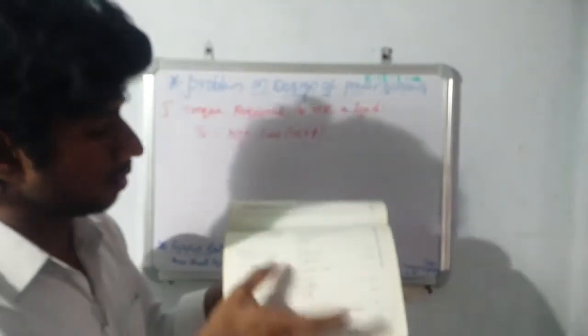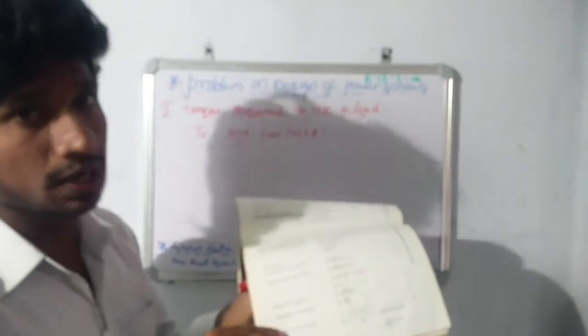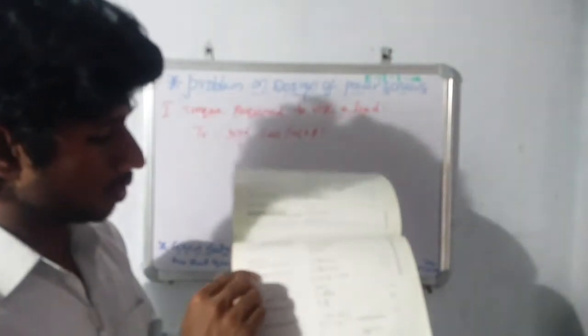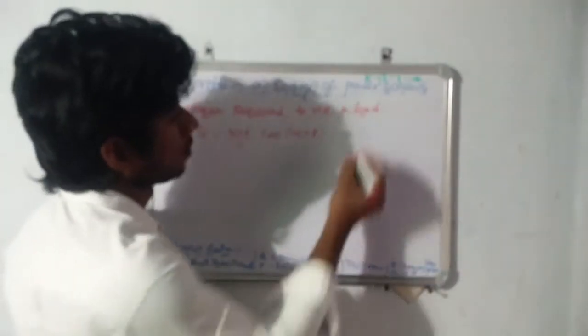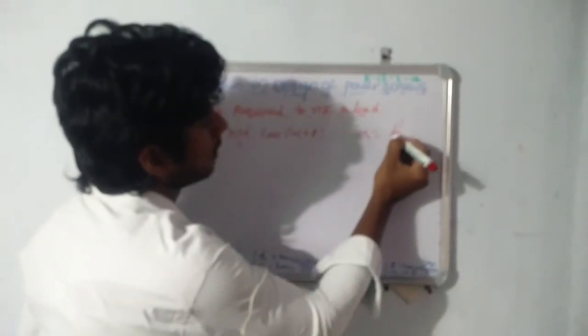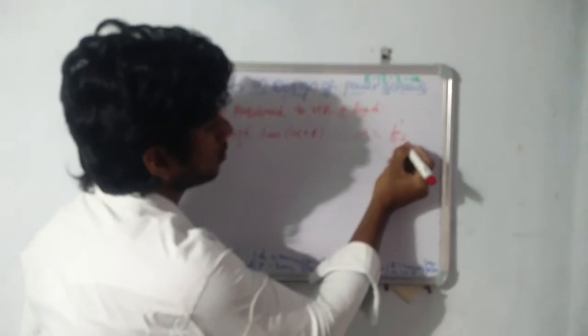So here are the equations related to design of power screws. Torque required to raise the load, it is the equation. So let's see here. What is alpha here? Alpha is nothing but the lead divided by pi into d.